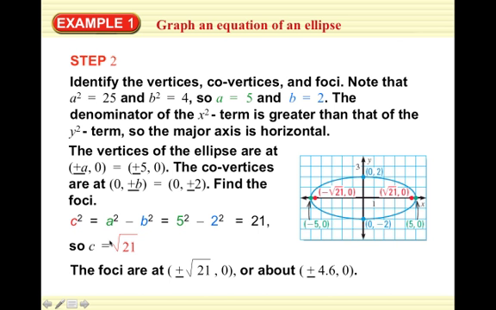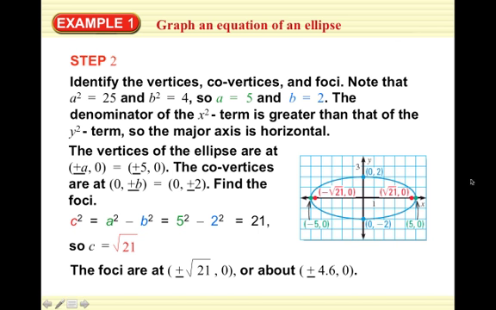Square root of 16 is 4, square root of 25 is 5. Because 21 falls in between 16 and 25, its square root has to fall in between 4 and 5. And so you can just estimate and put each focus between 4 and 5 units away from the origin.